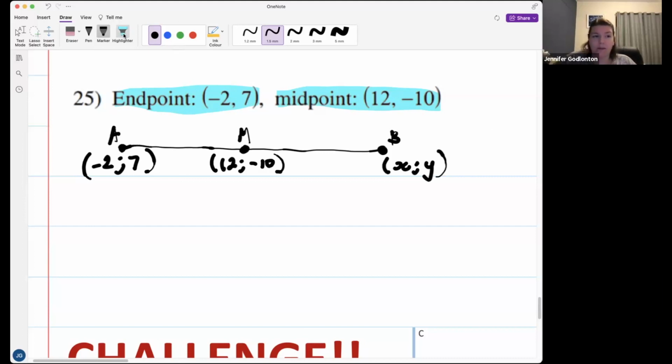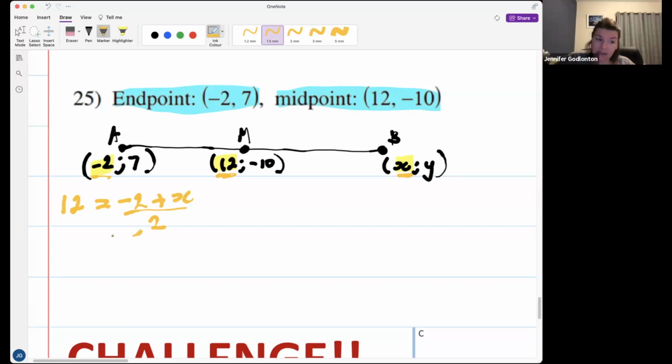Okay. So we're going to do exactly what we did in the last one. We're going to look at our X values first. So we've got -2, 12, and X. We take our midpoint. So 12 is equal to X1 plus X2 divided by 2. That's our midpoint formula.